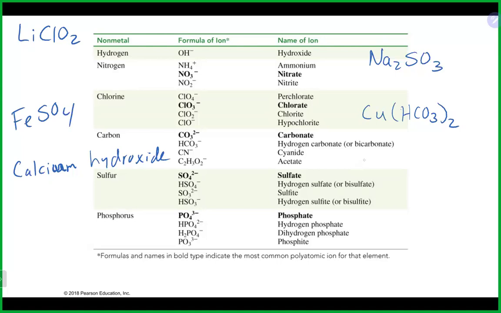And let's do cobalt(II) nitrate. All right. So names for the top ones and formulas for the bottom. Should hopefully be able to find those polyatomic ions on this chart, I hope, yes.